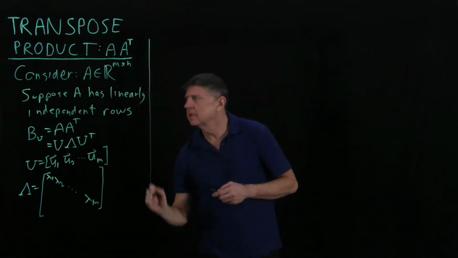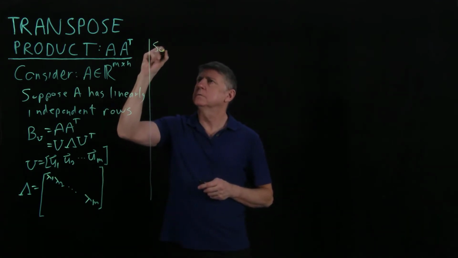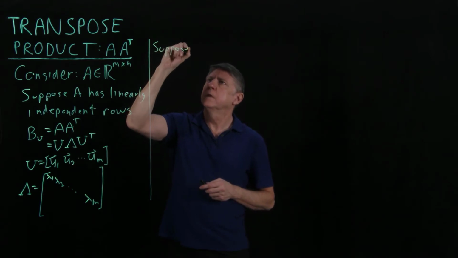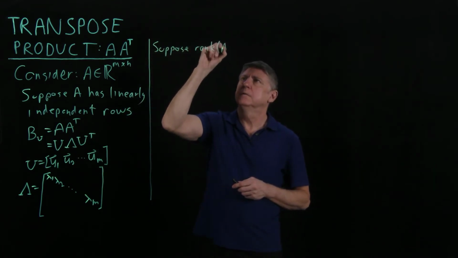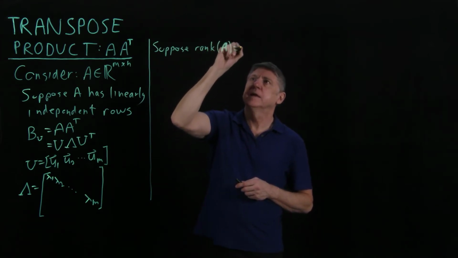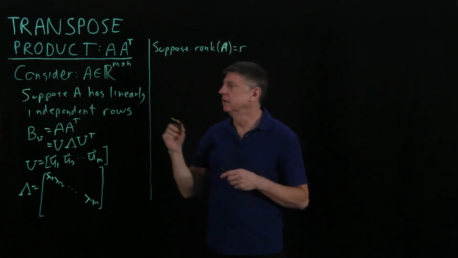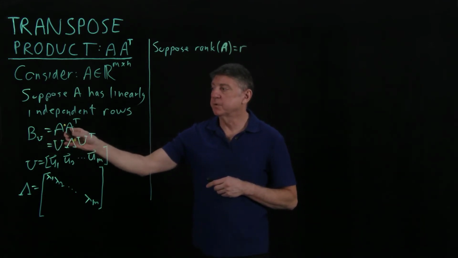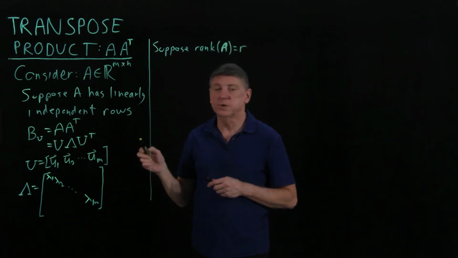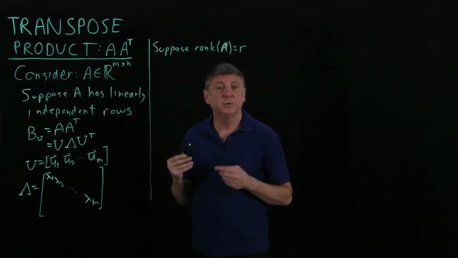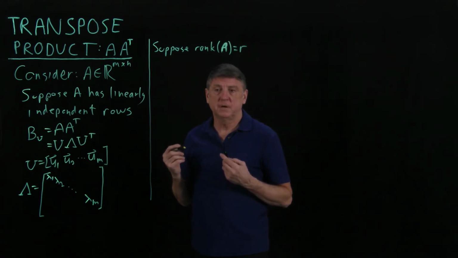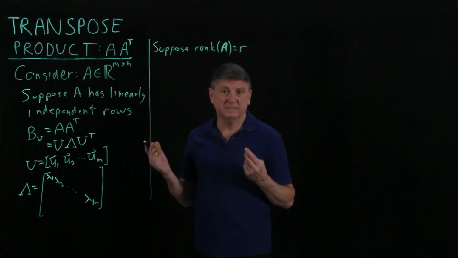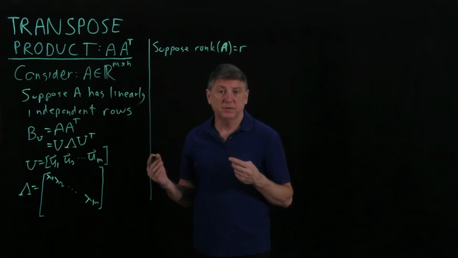Next, let's suppose that the rank of this matrix A is r. Then this symmetric matrix that we formed from A times A transpose will still be symmetric. Now it'll be positive semi-definite, which means all eigenvalues will be real and non-negative.